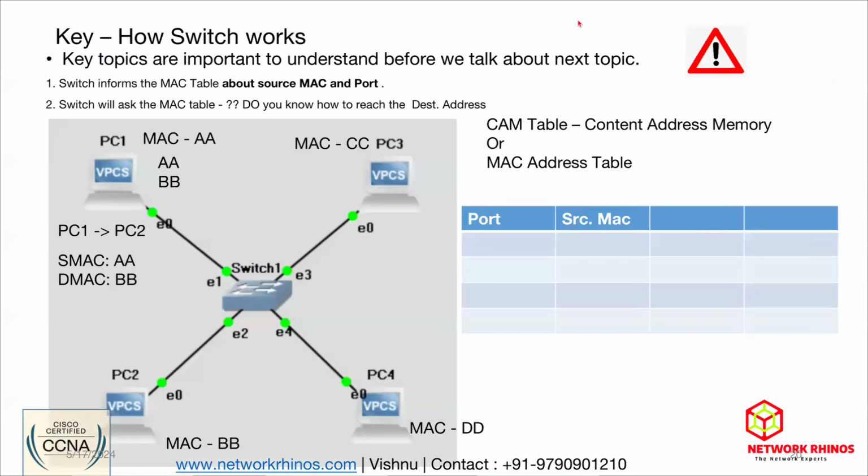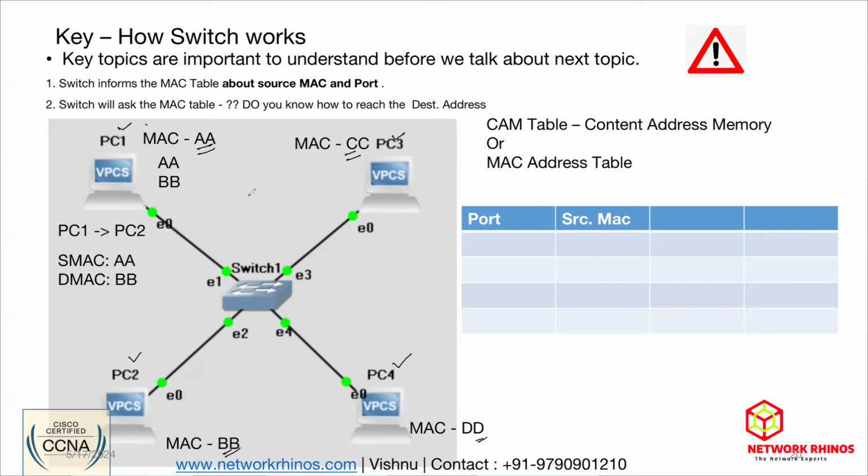So the topic name is how switch communication works. Imagine that you have 4 PCs. I have PC1, PC2, PC3 and PC4. PC1's MAC address is AA, PC2's MAC address is BB, then CC and DD.